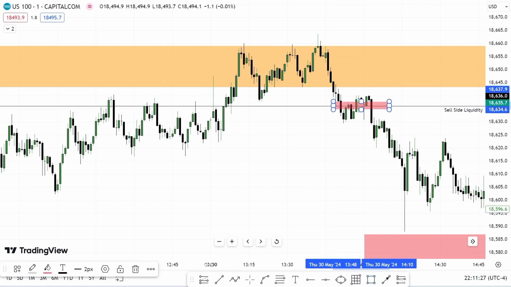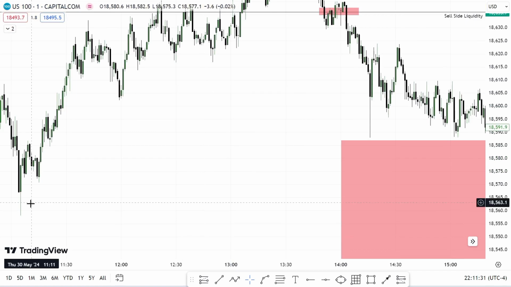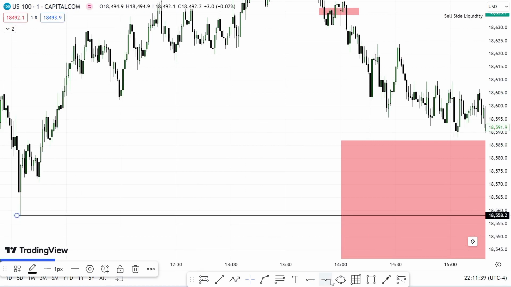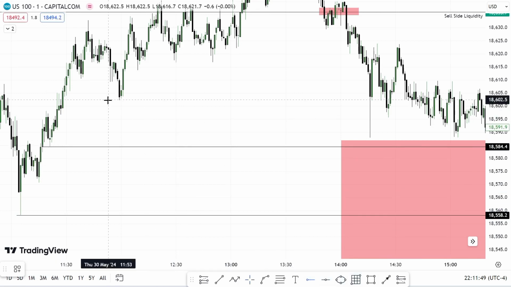And your target should be a sell side liquidity normally. Here we have sell side liquidity, we have sell side liquidity here, we also have sell side liquidity here. So either one, you pick your correct one.